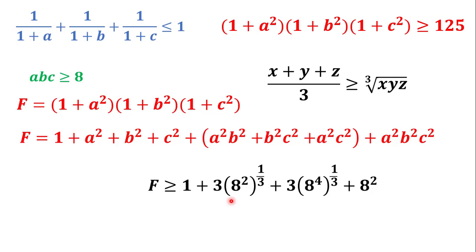As you know, 8 is equal to 2 to the power 3, and we can multiply the exponents, so we're going to get 2 to the power 6 over 3, or 2 to the power 2. In here we are going to get 2 to the power 4.